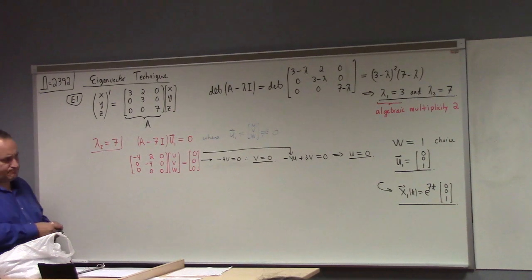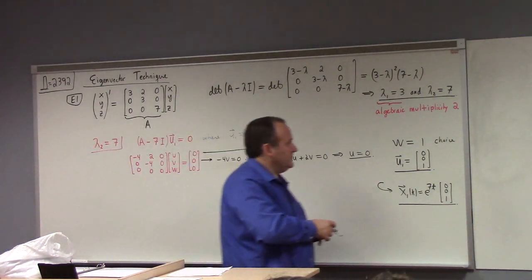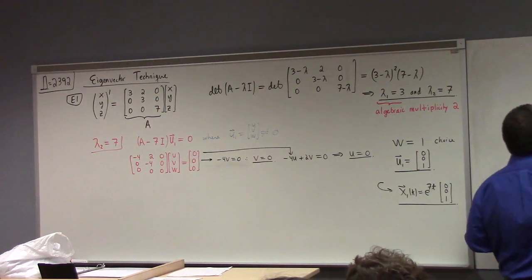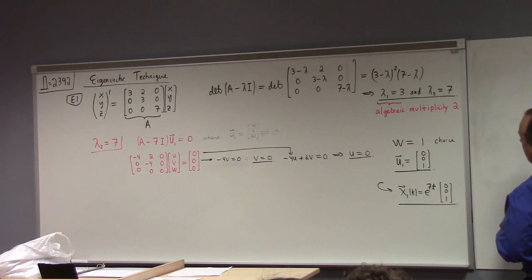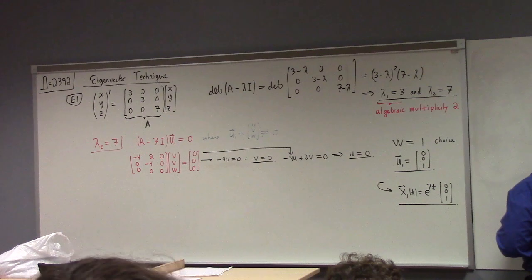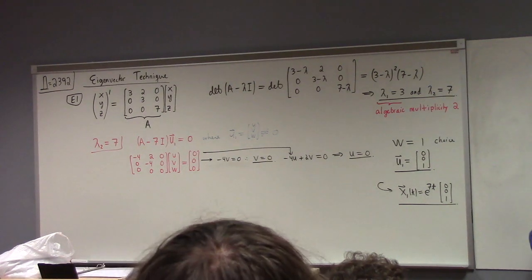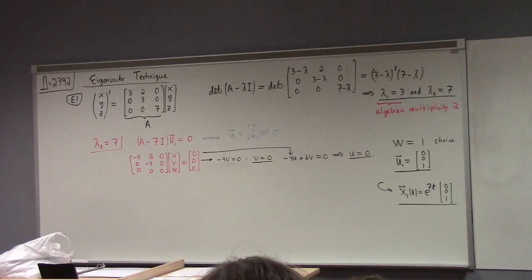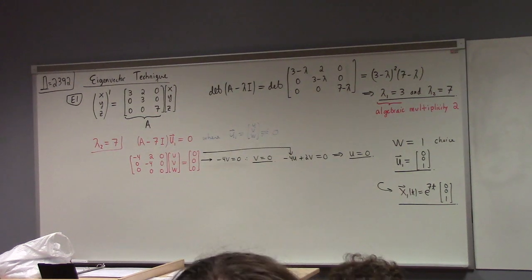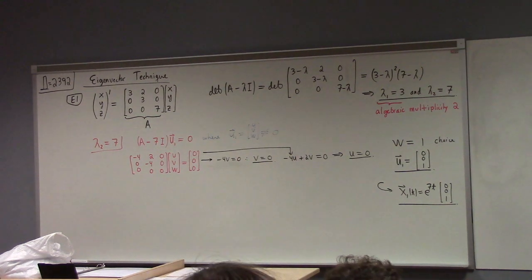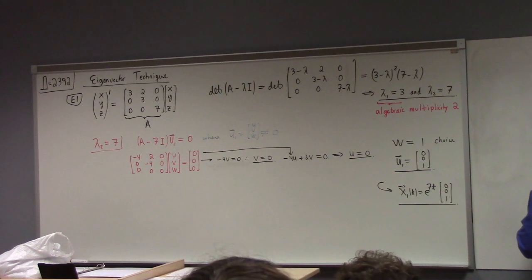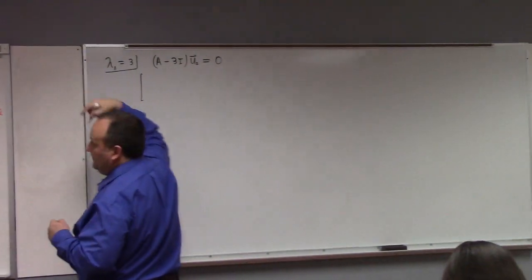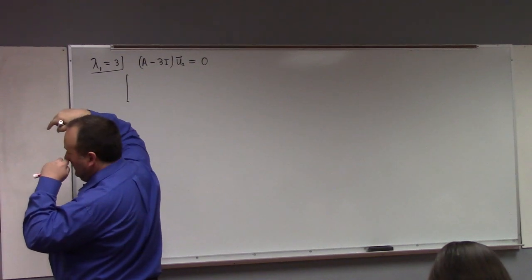So what's up next? What's up next is eigenvalue 3. Next we'll try lambda. Maybe I shouldn't try speaking today. Lambda 2 equals 3. And so there we're going to look at A minus 3I times, let's say, u2 equal to 0. Now what's that look like? A minus 3I, you subtract 3 from the diagonal.